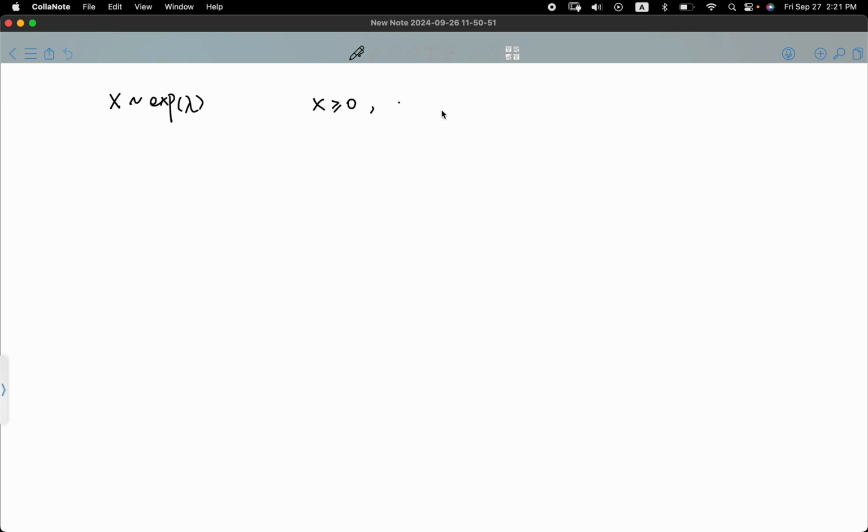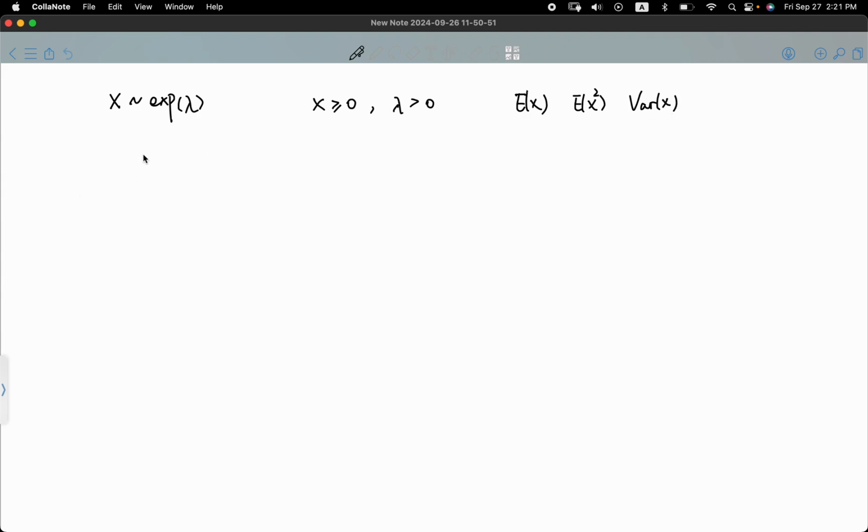It does not have to be 0, 1, 2, all the integers. And for the lambda, we will have this greater than 0. Okay, so now we are going to calculate E of X, E of X squared, and the variance of X.